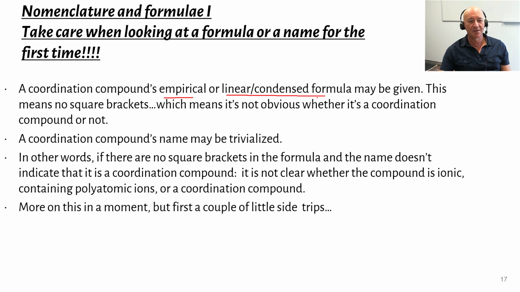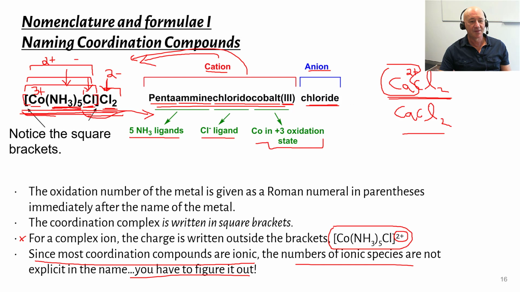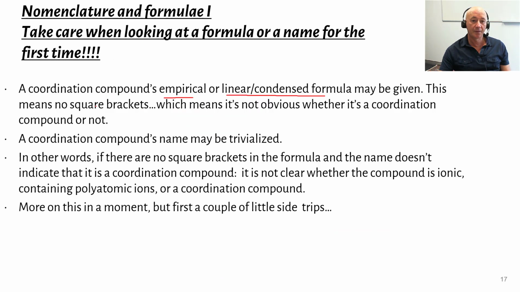So what that means is they'll leave the square brackets out, and they might, for example, with this guy, write it, I don't know, something like this, but maybe with 3 chlorines. You just got to be a little bit careful, and sometimes it takes a little bit of fishing around to figure it out.